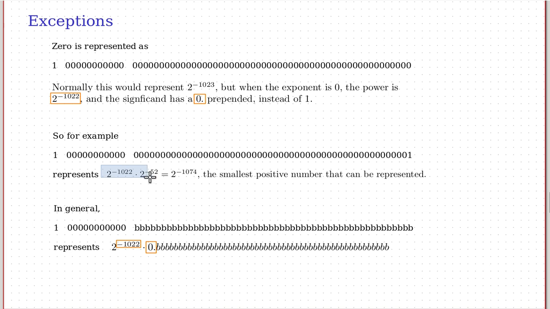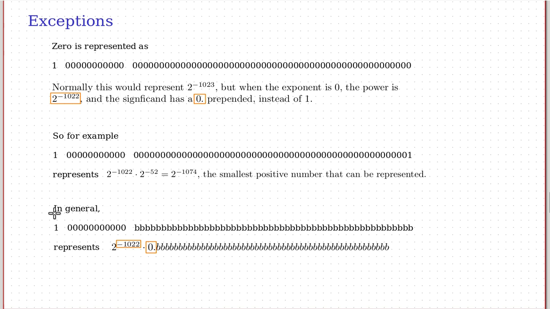And so you multiply these together, in scientific notation, so to speak, and this would represent the number 2 to the negative 1074. That is actually the smallest positive number that can be represented in this format. Right? It's the smallest number greater than 0 that can be represented using this 64-bit floating point format.